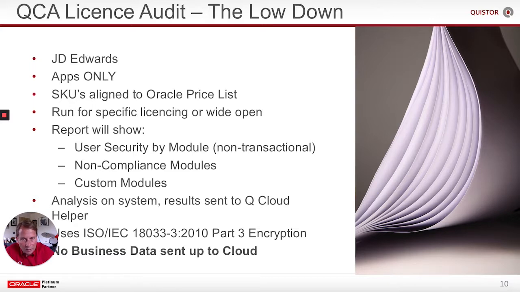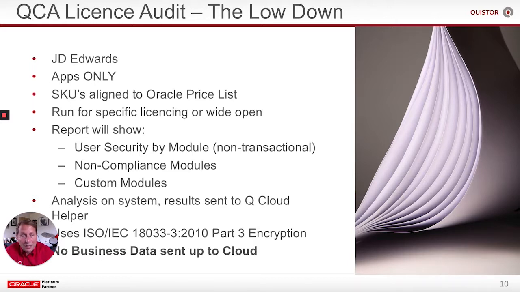Now within the license audit, we have a whole list of SKUs, including suite SKUs, that aligns to the Oracle price list, which means that we're making an accurate comparison between what you're using and what Oracle can offer, and then we combine that all with what you're contracted to use.